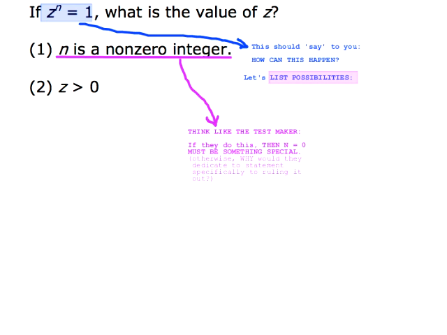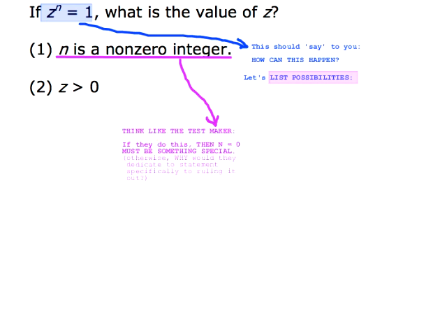So one of the possibilities, let's move this over here so that we have room to list possibilities. So z to the n equals 1, and then we're going to say what is z and what is n, right? Okay, you could have almost anything to the 0. So z to the 0 equals 1.